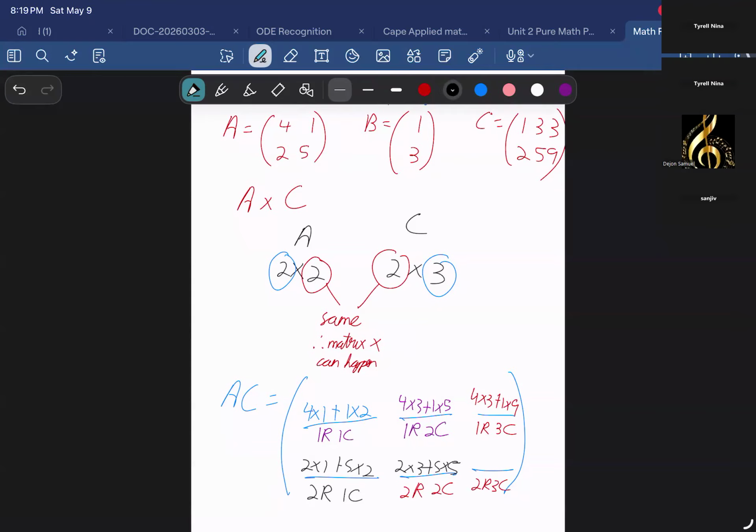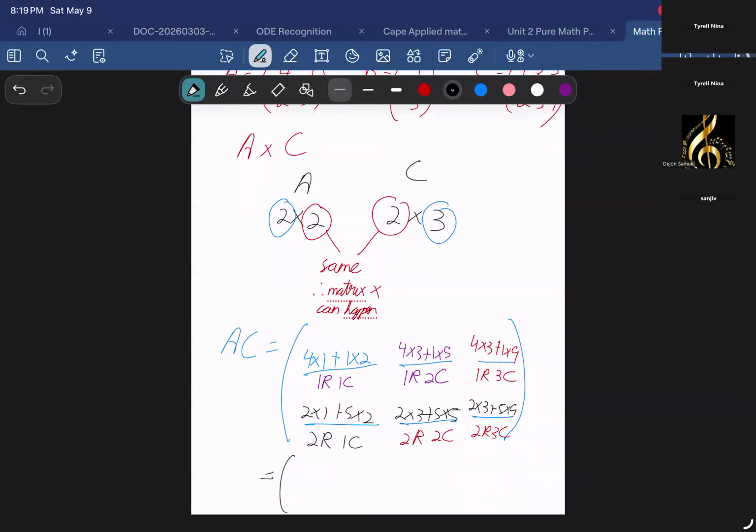Even at my level, I would do that. 2 by 3 plus 5 by 9. So this would be 4 plus 2 is 6, 12 plus 5 is 17, 12 plus 9 is 21, 2 plus 10 is 12, 6 plus 25 is 31, 6 plus 45 is 51. And that's how you do matrix multiplication.